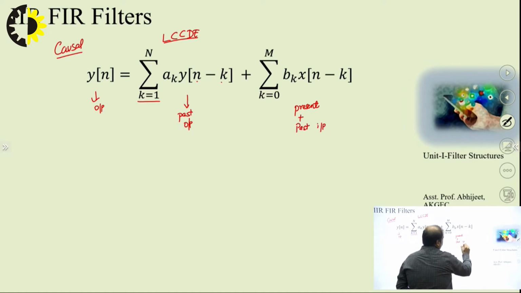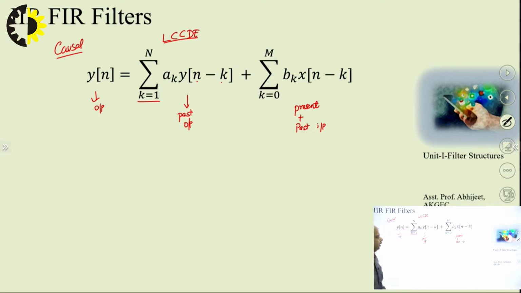So, this is a general form of any discrete time system which is causal, because you can understand this is y of n minus 1 and x of n minus 1, not x of n plus 1. It will be x of n plus 1 if it starts from k minus 1, but starting from k is equal to 0 means we are only looking at causal systems, which means that the present output depends on present and past inputs only, not on the future input. It is non-anticipative. So, this is a general case.